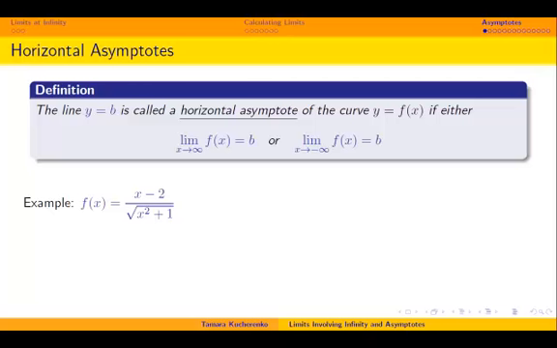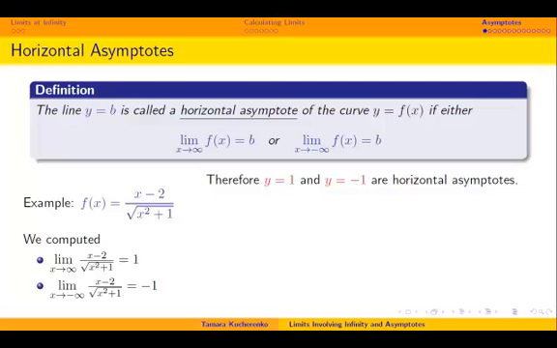We computed that the limit as x approaches positive infinity of this function is 1, and the limit as x approaches negative infinity is negative 1. Therefore, lines y equals 1 and y equals negative 1 are horizontal asymptotes.